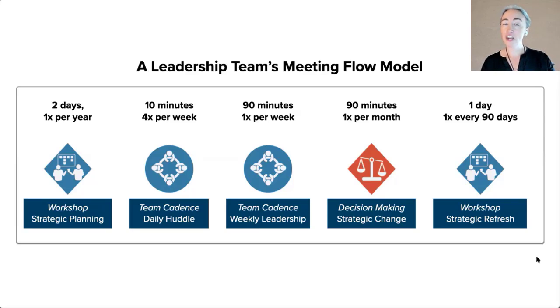Every conversation they need to have to run their business as a team has a home. So this is the context in which we want to design our meetings. What are they meant to achieve for our team in that moment, and how does it further our team's progress towards our goals?